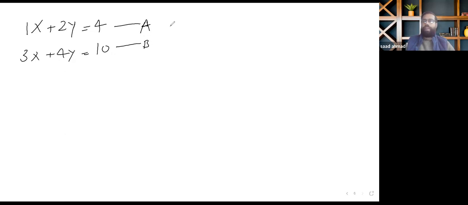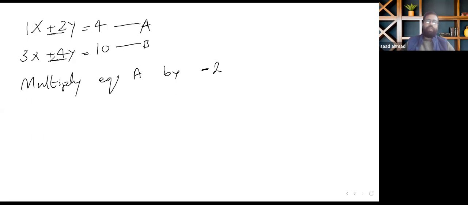So if I multiply the equation A by 2, or you can say by -2, then the coefficients of the y's will become opposite. We can multiply it by 2 and then subtract, or we can directly multiply it by -2 to make these coefficients opposite.